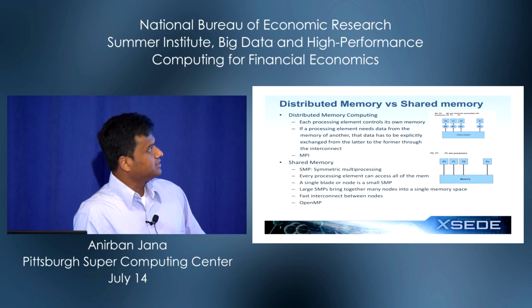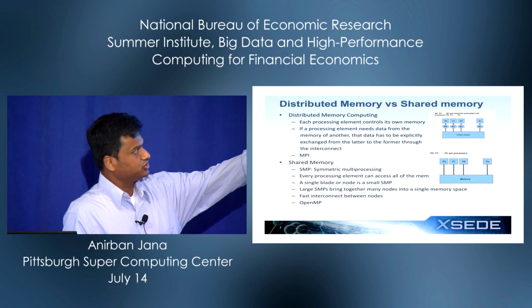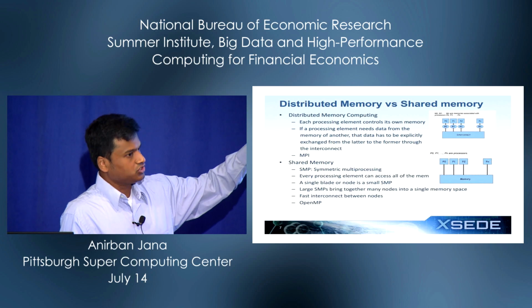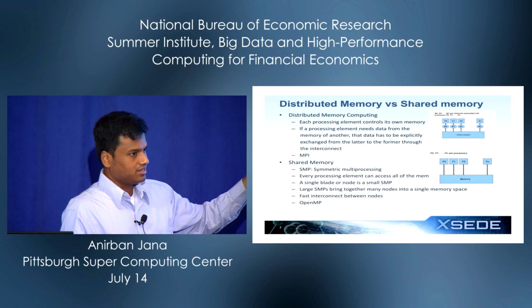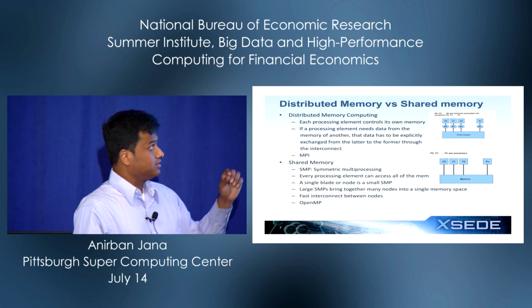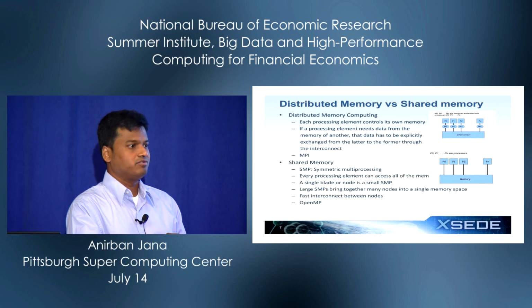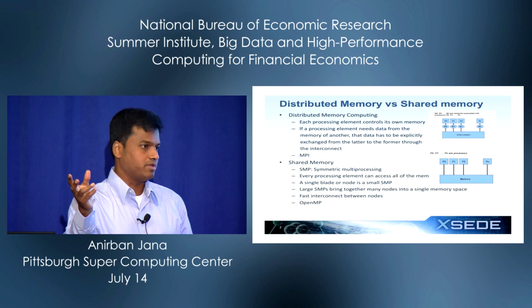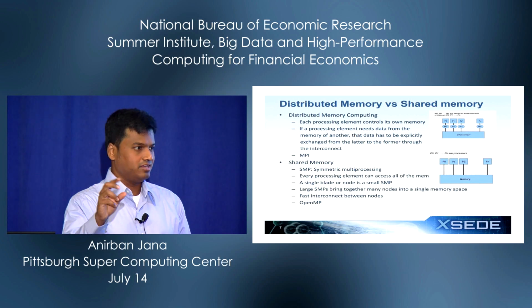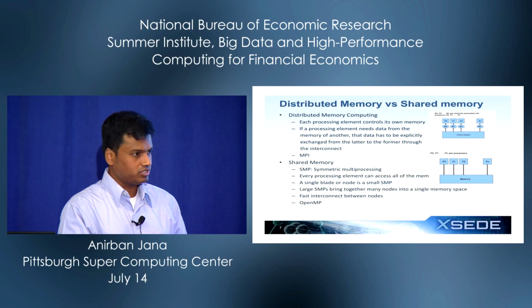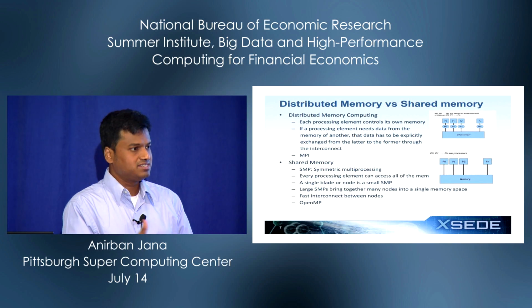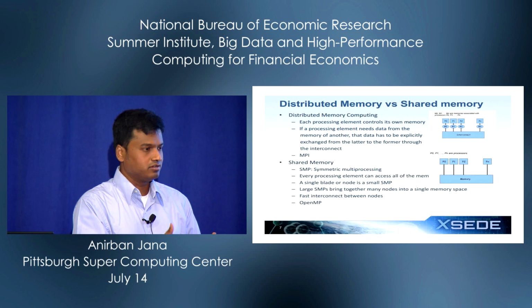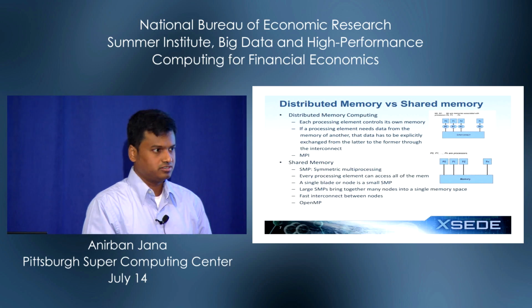Basically, you have many processors, and each processor has its own memory and works on data in its memory. But processors may also need data that resides in other processors' memory, and if data is needed from another processor's memory, it has to be explicitly requested and received from the other processor.